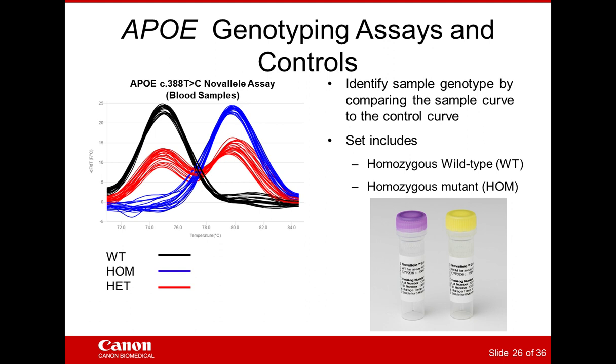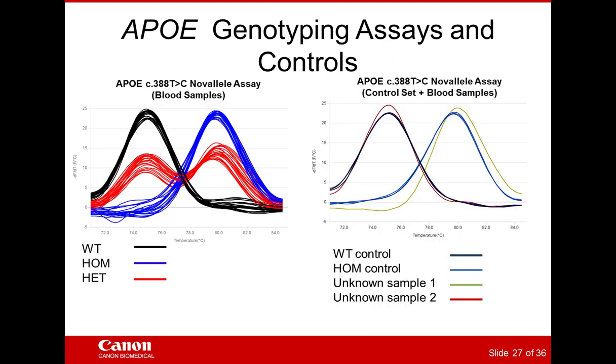What you get with each of these control sets is a homozygous wild type and a homozygous mutant control that you can run on your plate with your samples of interest. The nice thing is they're diluted down, ready to use, at the same stock concentration that we have for the samples that get loaded on your plate, so you can use them right next to it in pretty much the same type of setup. And here's what those look like.